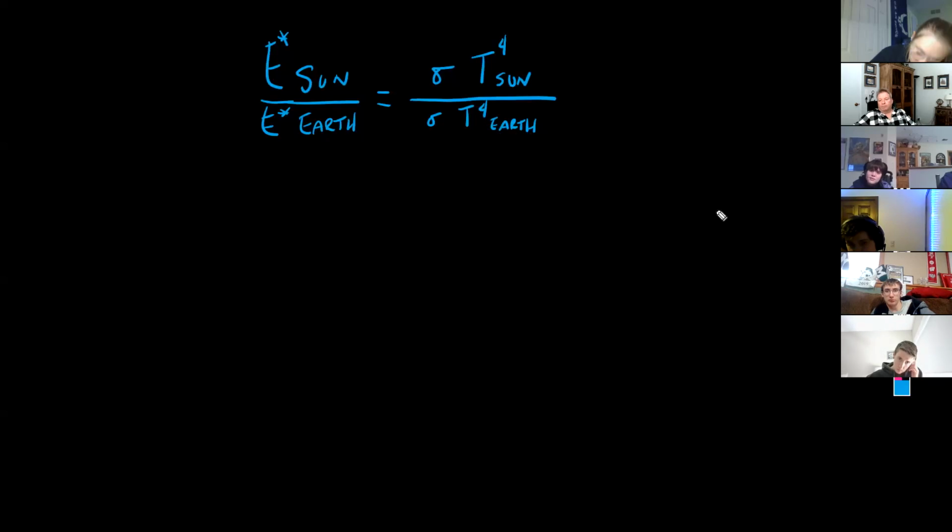This guy, sigma. Did I tell you that's the Greek letter sigma? Small sigma. This is a constant to make it work. But what do you see in this fraction? What happens to sigma? It cancels out, right? So I don't need to know what sigma is. If anyone's interested.